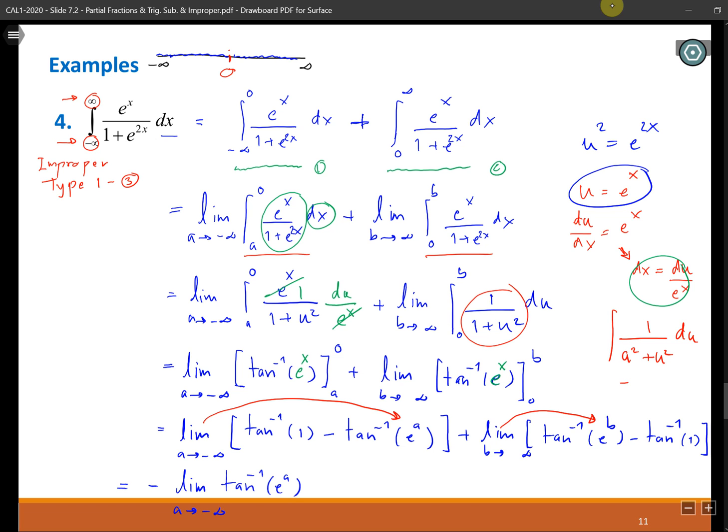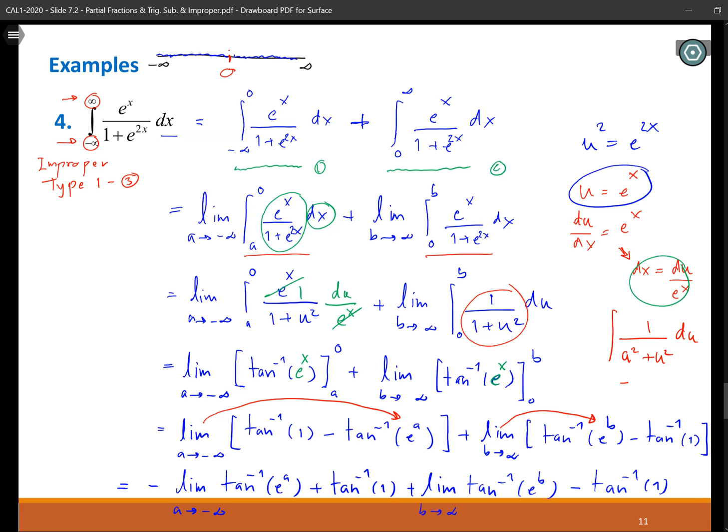Now here this one, I have this plus arctan of 1. Nothing changes. Then I have this limit b approaches infinity of arctan of e to the power of b, and the back term, nothing changes, minus arctan of 1.